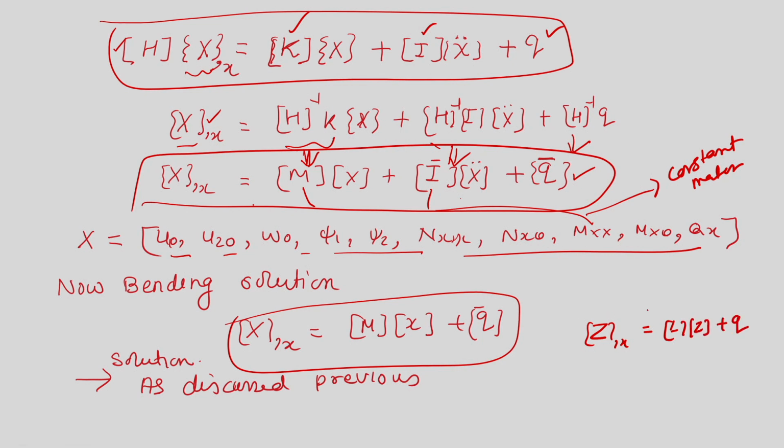It is similar to that, so we can get the solution the same way. The only difference is that in this x we have a displacement as well as stress resultants. In the previous case, in z we had only displacements, and z1, z2 were basically second order derivatives.